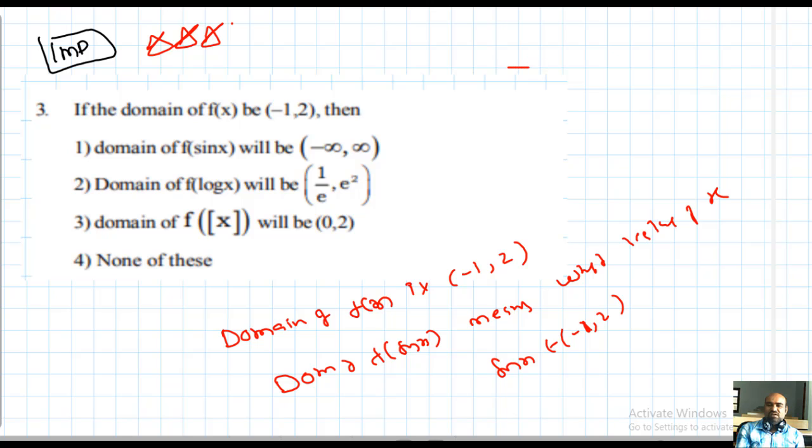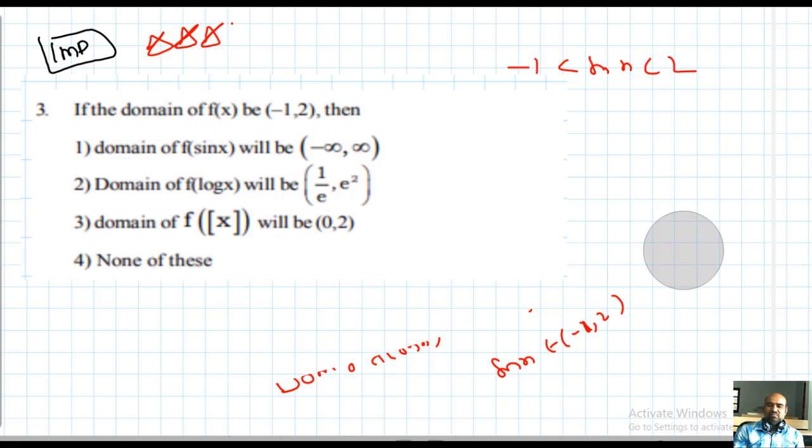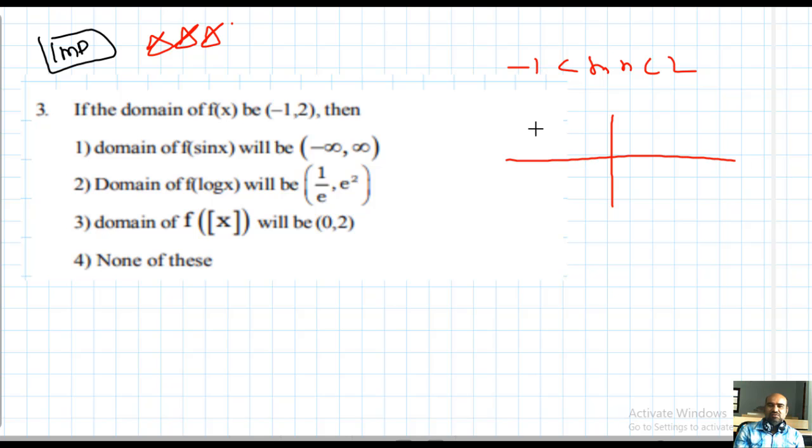That means minus 1 is less than sin x less than 2. Find such x values. Using inverse trigonometric functions you can find it, but you people don't know inverse trigonometric functions. That's why I want to use a graph for this. Graphically also we can say the answer.